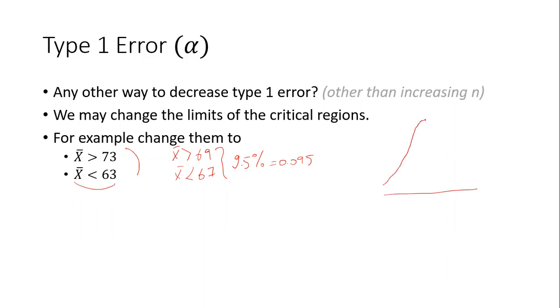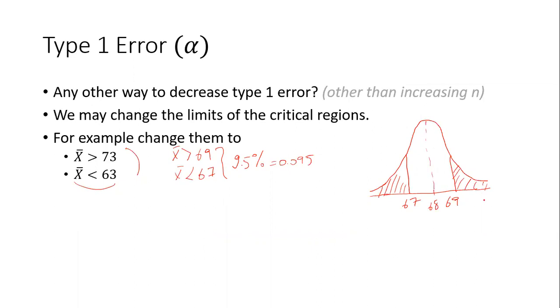But if you just change the limits, it looks something like this. Just plot the probability distribution. It was just 67 and 69, so the error was the area here. The mean was 68.